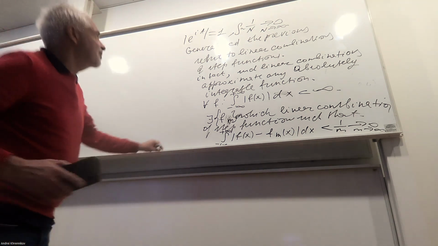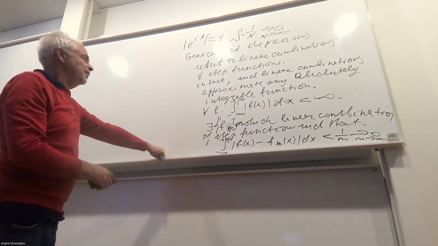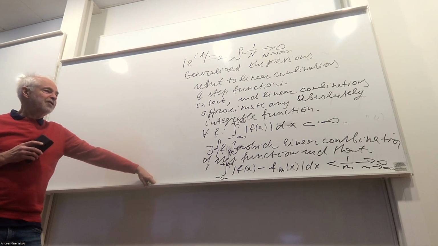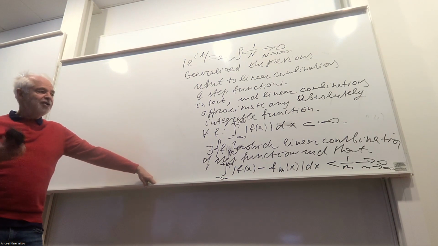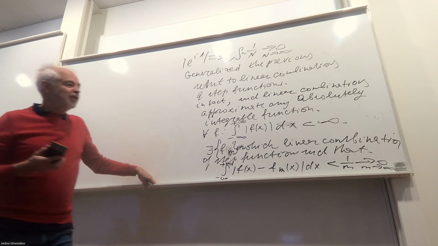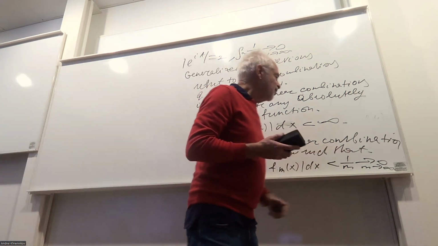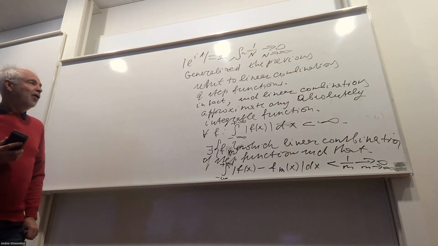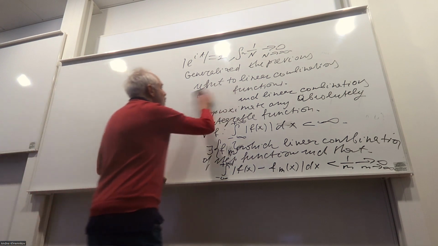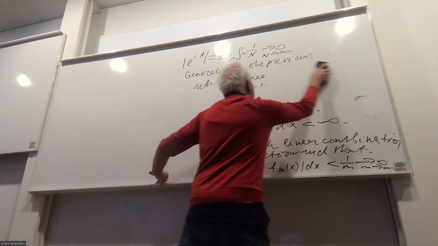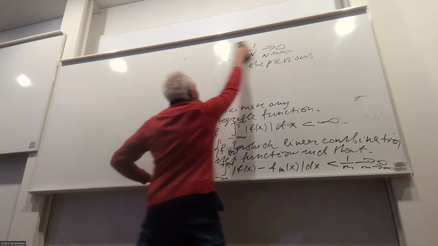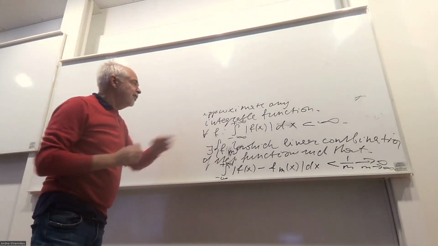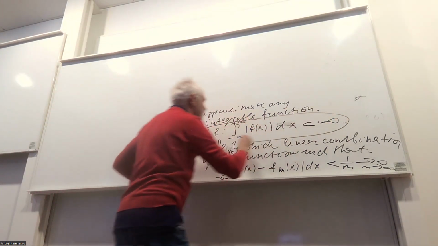Let us complete the proof. So by using this statement from the course of integration theory, that any absolutely integrable function can be approximated as well as we want by linear combinations of step functions, how do we complete the proof? We take any f with this condition.